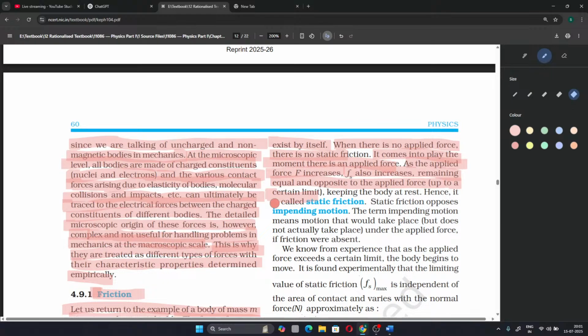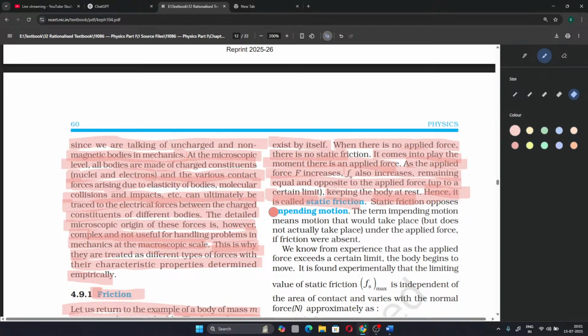But we know that the body will move, so the static frictional force is only possible up to a certain limit, keeping the body at rest, remaining equal and opposite to the applied force. Hence, it is called static friction.